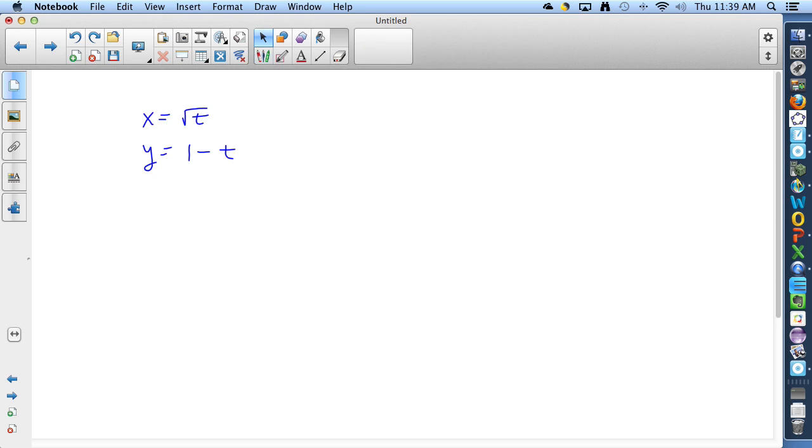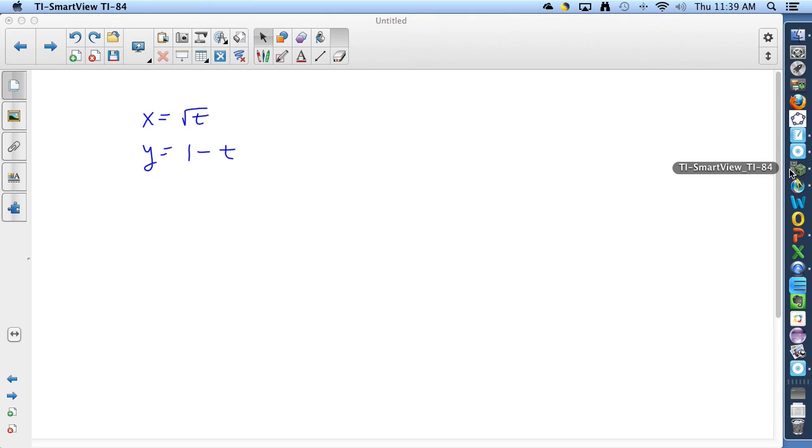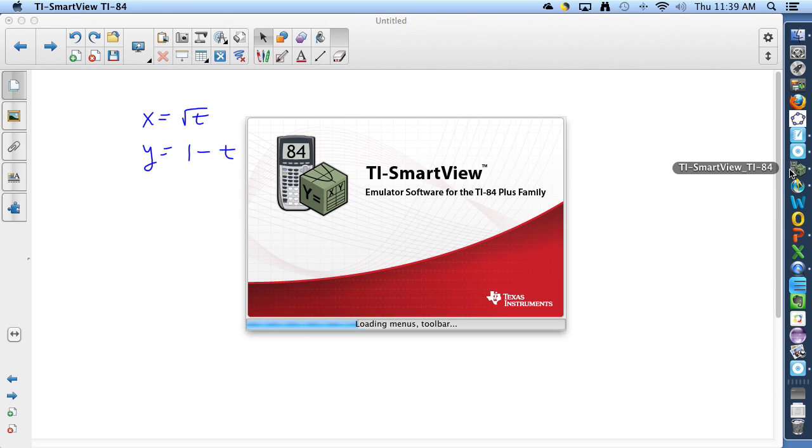And maybe actually getting our calculators out, or you can just watch, but your calculator does this, and we can show you how the table will work, and what the graph might look like. So your calculator has a parametric mode.